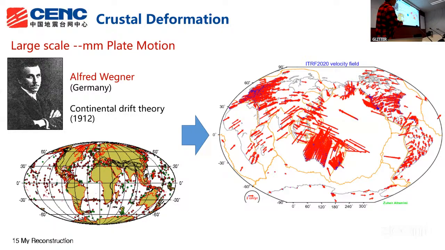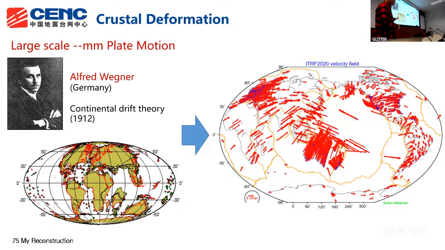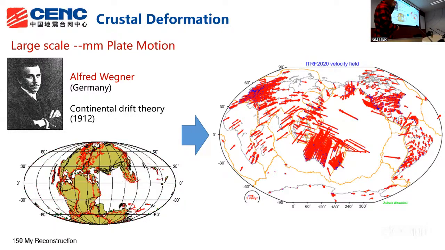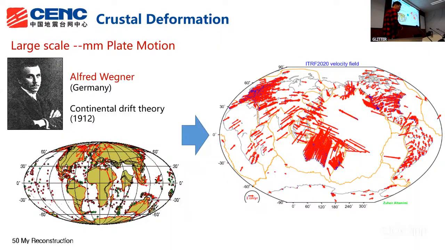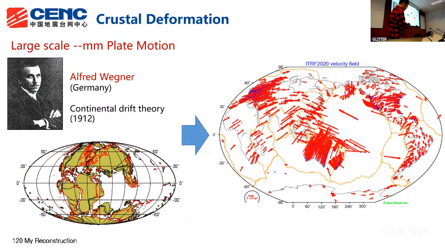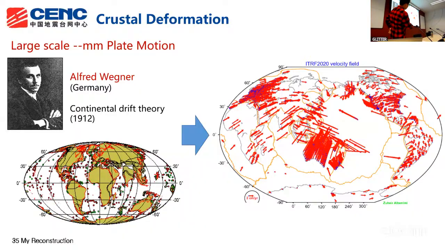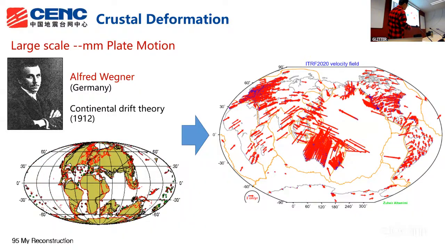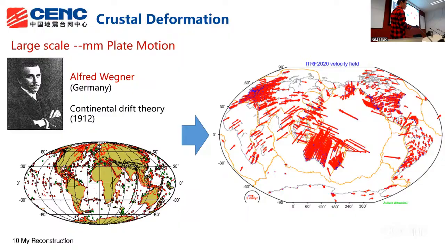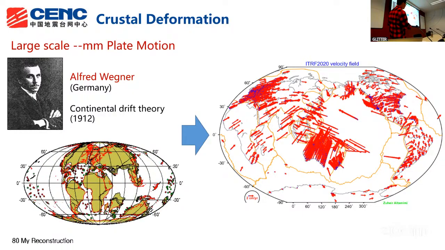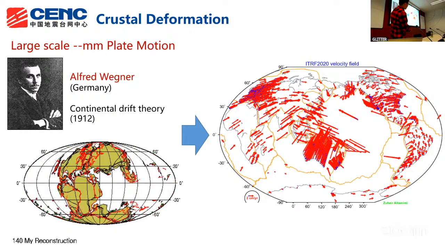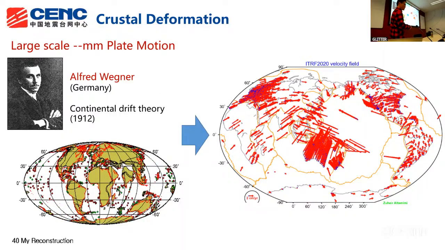With the advent of GNSS technology, this became possible. The right picture shows how we use global GNSS station data to compute the horizontal velocity field of the crustal motion.